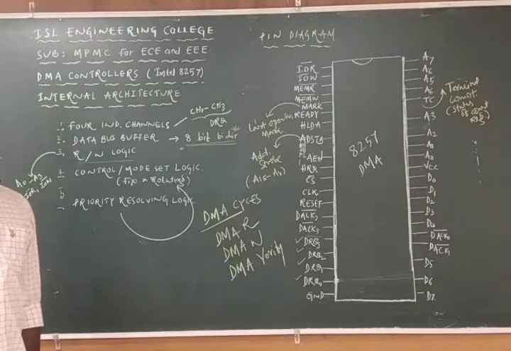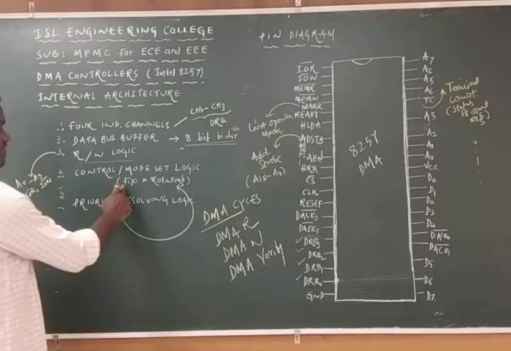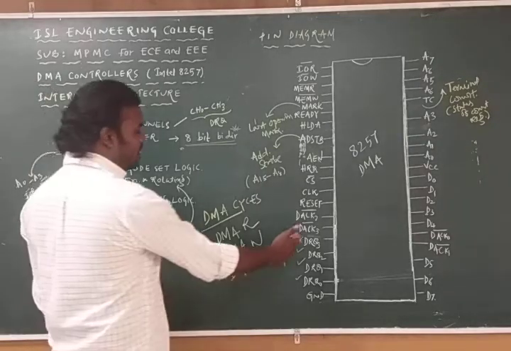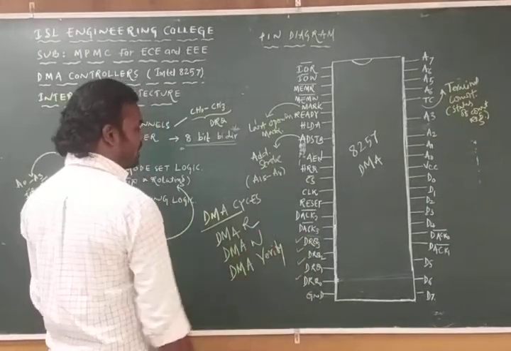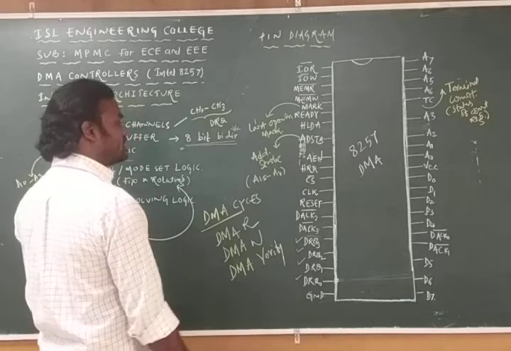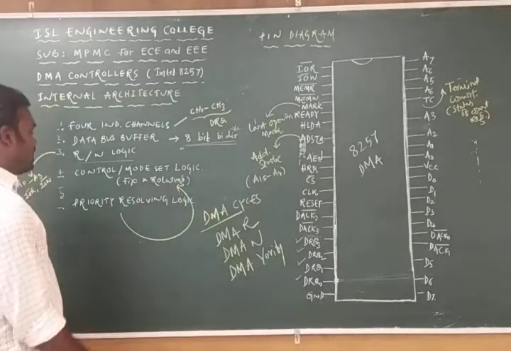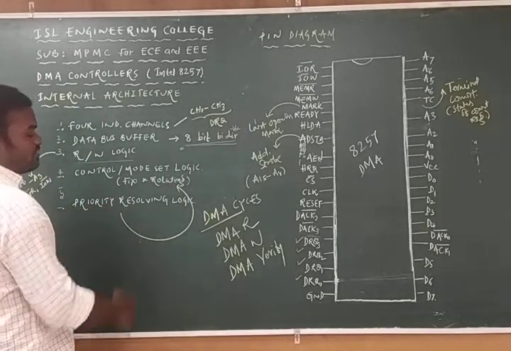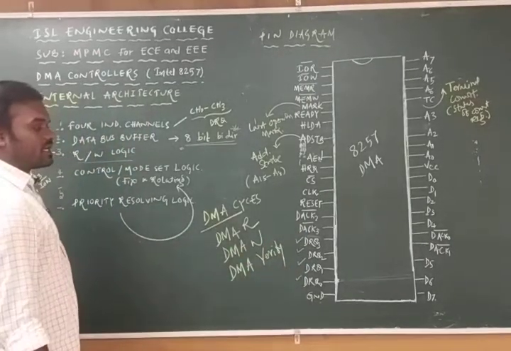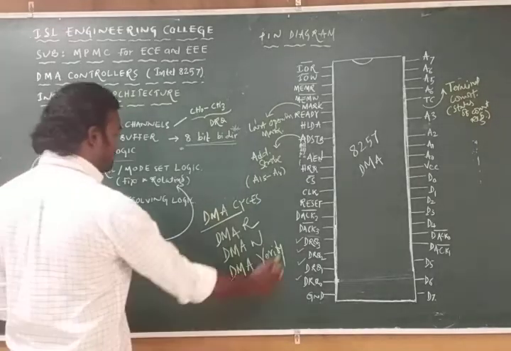That means we know that the 8257 allows us to operate in 2 modes, that is fixed mode or rotating mode. Fixed mode means irrespective of data request, any one channel can be directly connected to the memory, so that it can take the data from that memory location. Whereas in case of rotating mode, by making use of the priority resolving logic, any one particular data request signal will be selected, such that it serves the input output device connected to that particular pin.